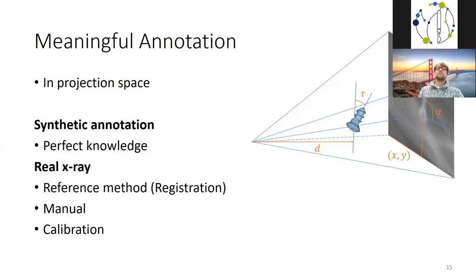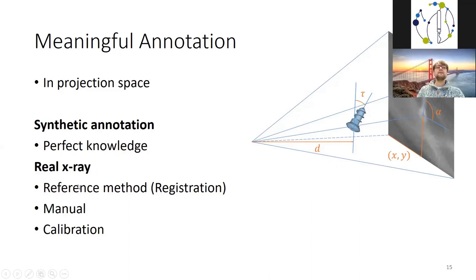Or more likely the projection space, which then includes the dimensions of the depth and the tilt with respect to the projection axes. And if we introduce these in projection space, again, for the synthetic data and annotation, we have perfect knowledge.